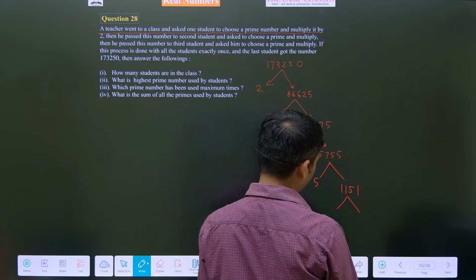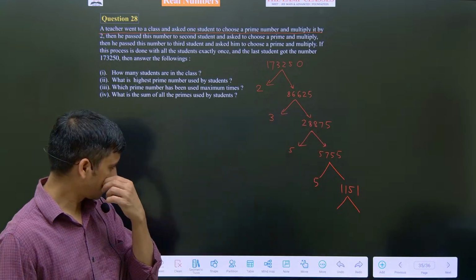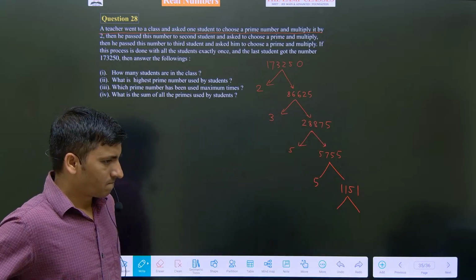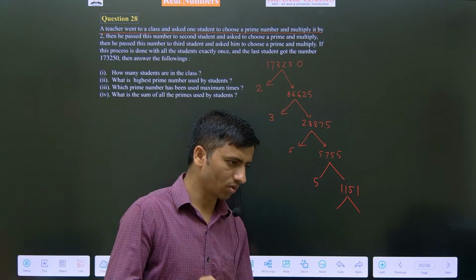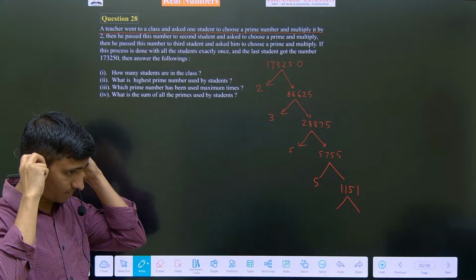Is it divisible by 7? I think it's not, right? What is the next number it is divisible by? Check karo and tell me the answer.